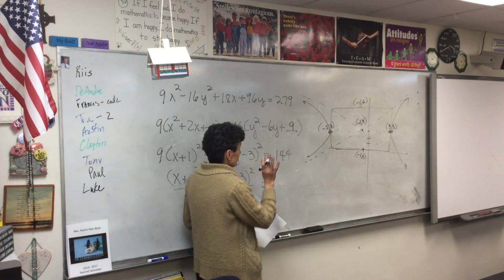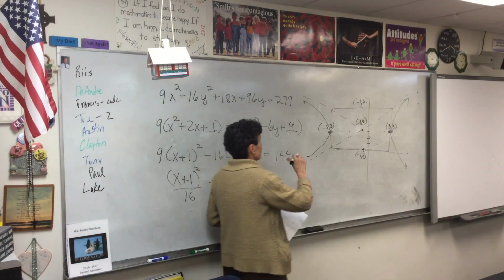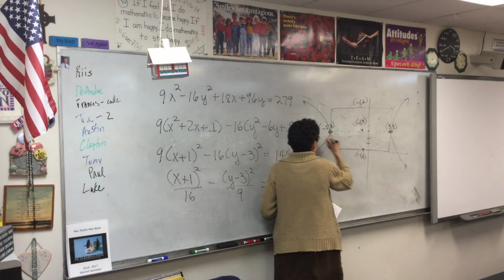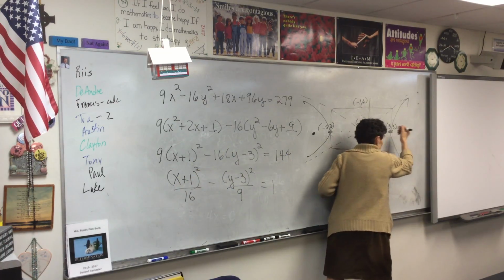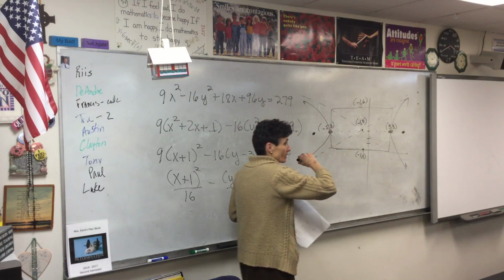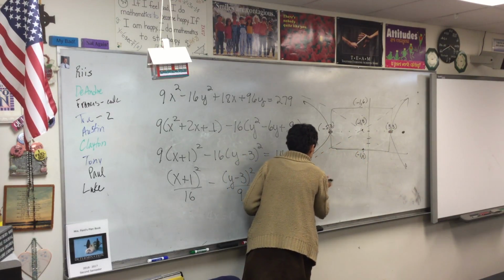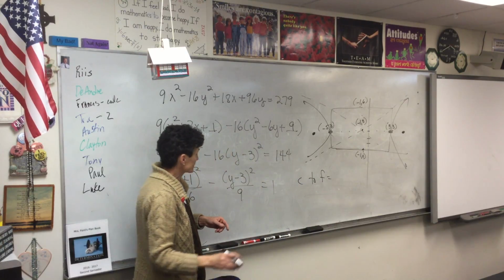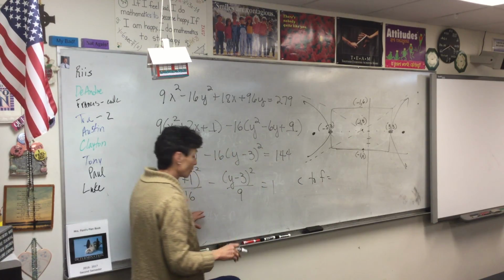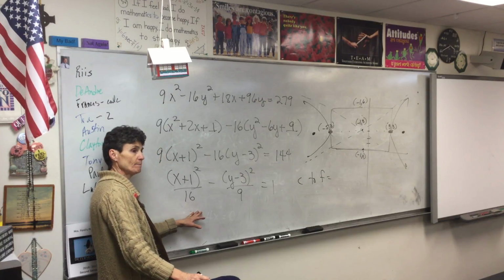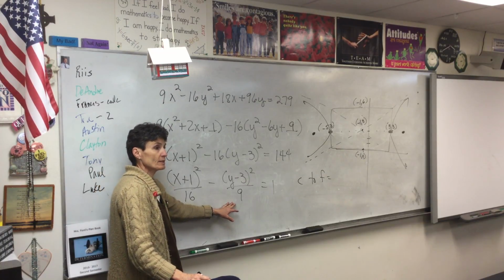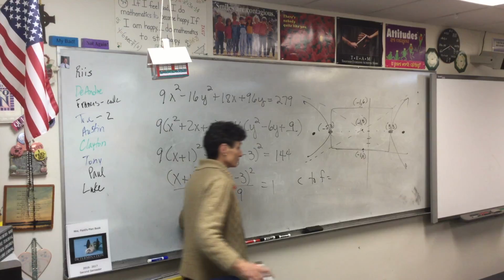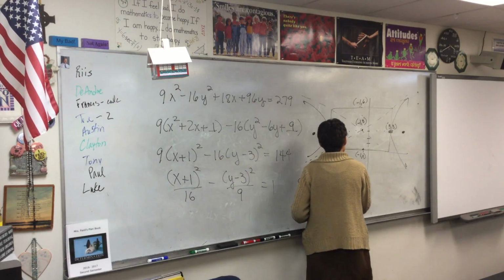All right. Now, let's get one more blank filled in. Let's get our foci done. All right. So here they are. Everybody good? How far is it from the center to the focus? Well, let's look at our problem. Oh, this is a nice one. From the center to the focus, it is 5, the square root of 16 plus 9.